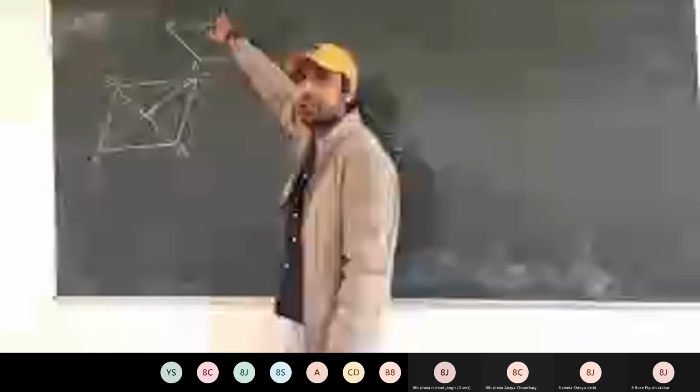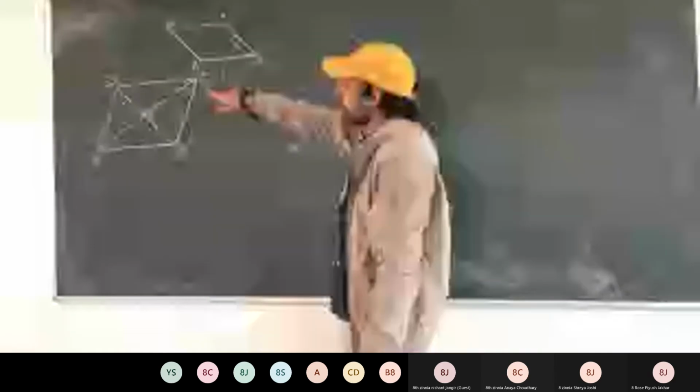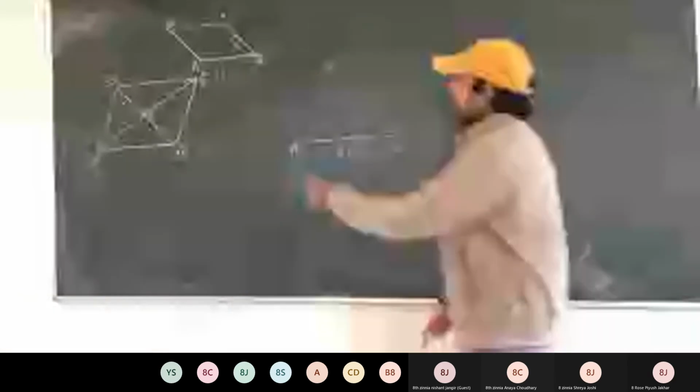Take 6 centimeters from A. Wherever these two arcs meet, we have vertex D. Now join CD and AD. So we have got the rhombus.